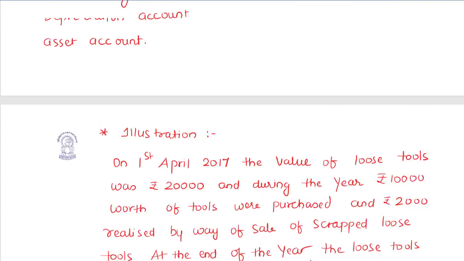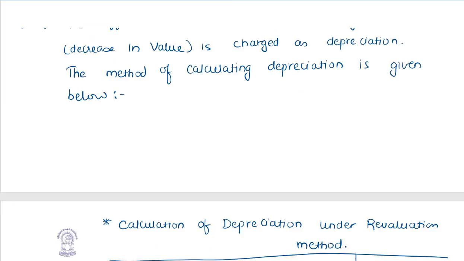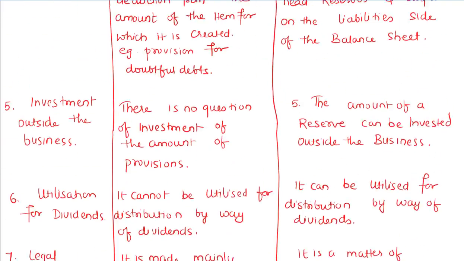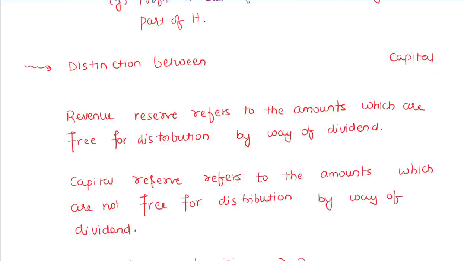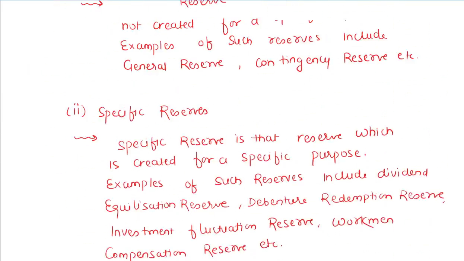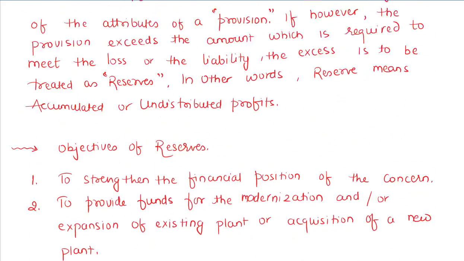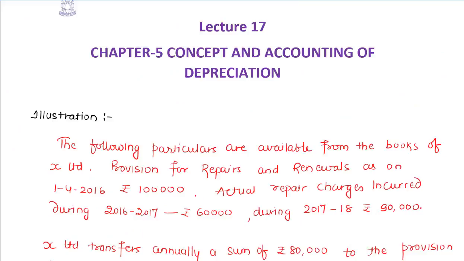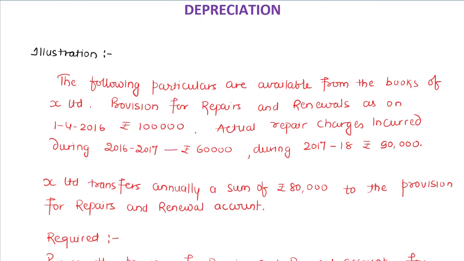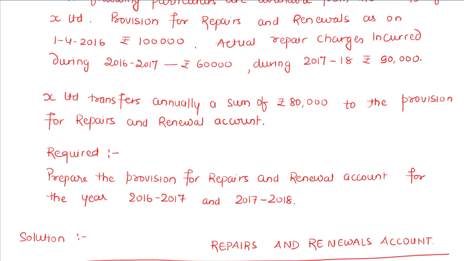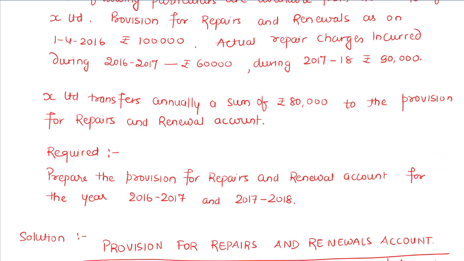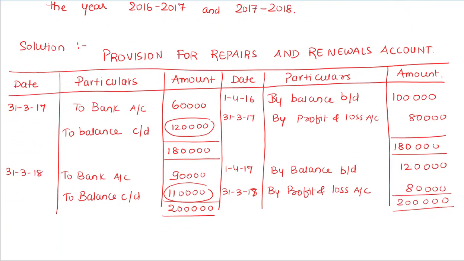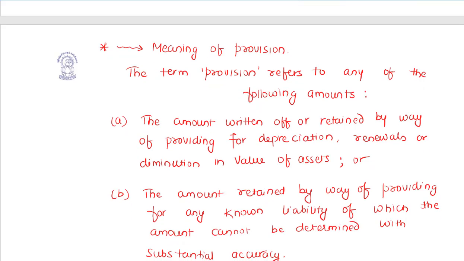Let us see what we have done in today's class. We have done an illustration in relation to provision for repairs and renewals account.